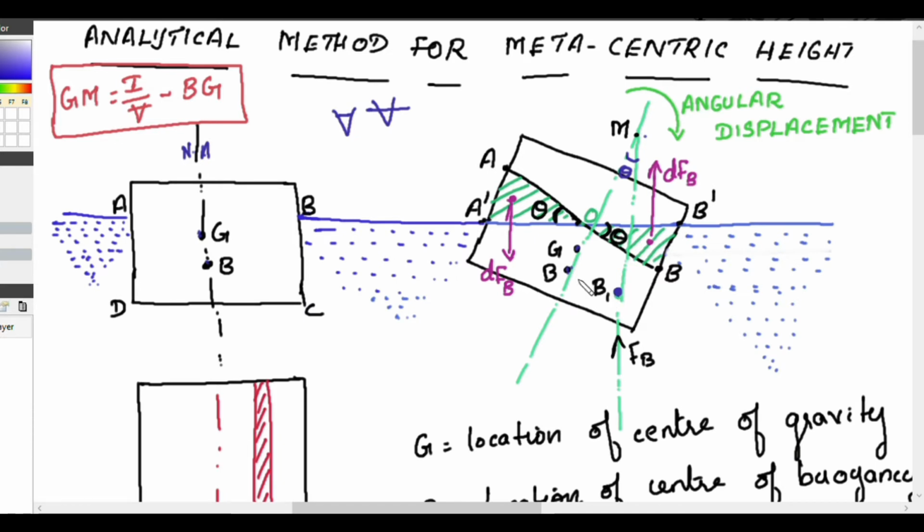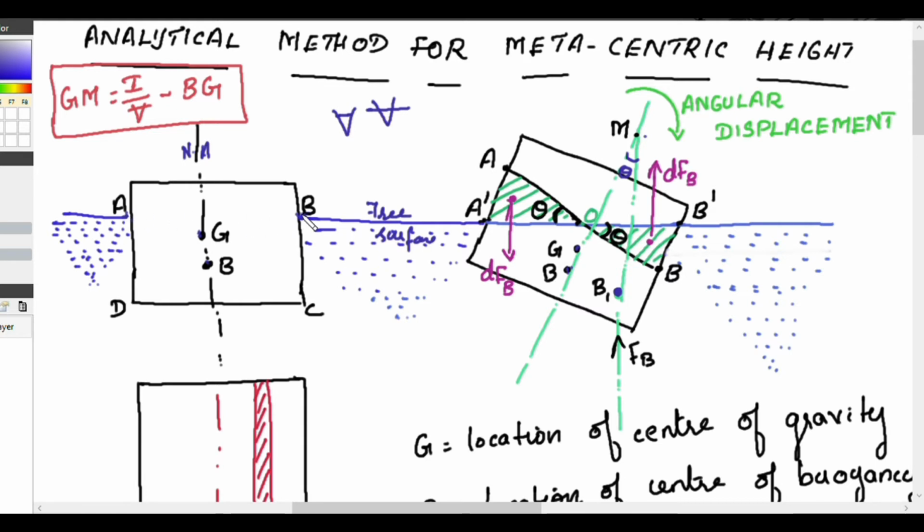Because of this shift, this is the free surface of water. A and B are the points on the body at the surface of water.